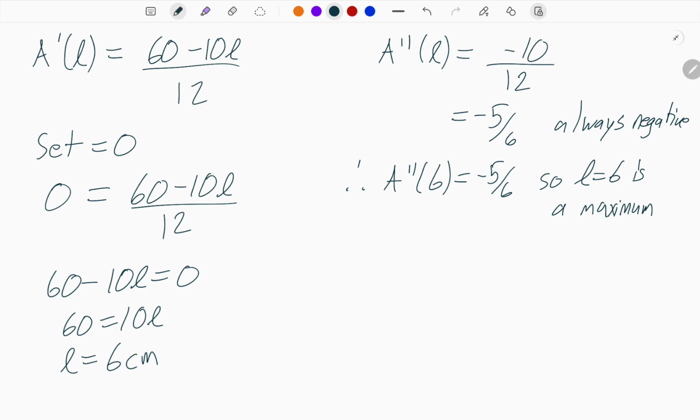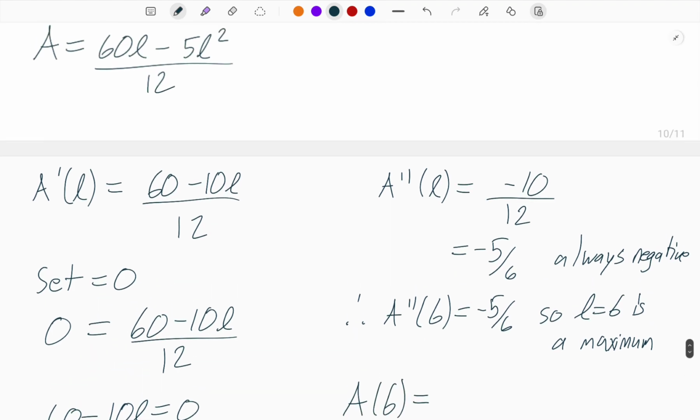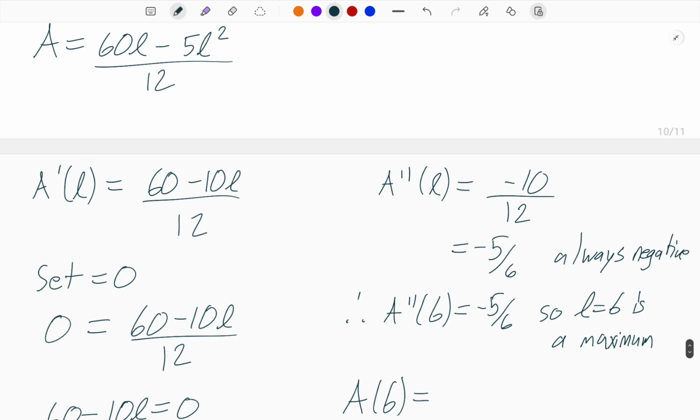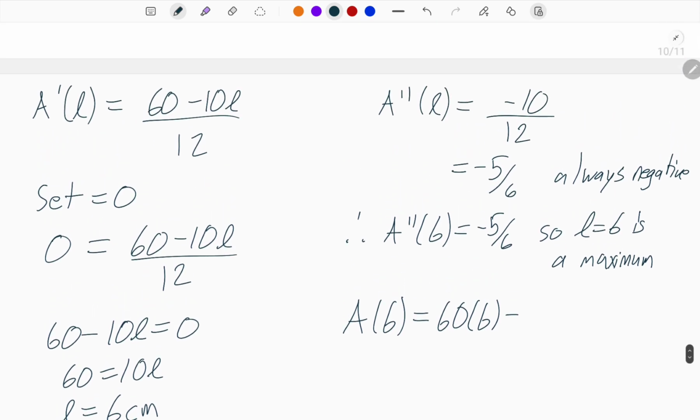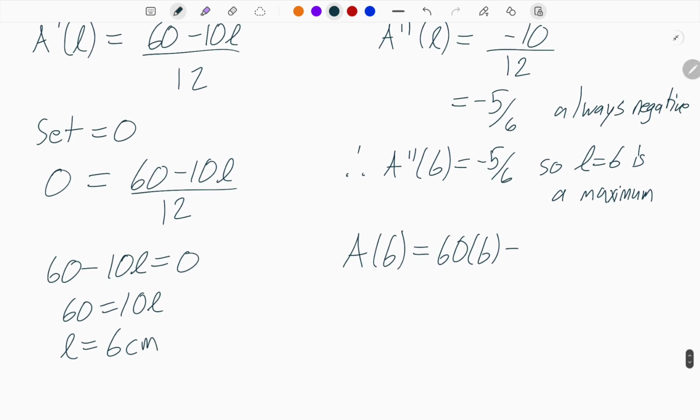All right, and so let's find out the actual area then. So the area at 6 is equal to 60 times 6 minus 5 times 6 squared, all over 12. And if you go ahead and actually calculate that out, you should get something like 15, and it's an area, so centimeters squared.